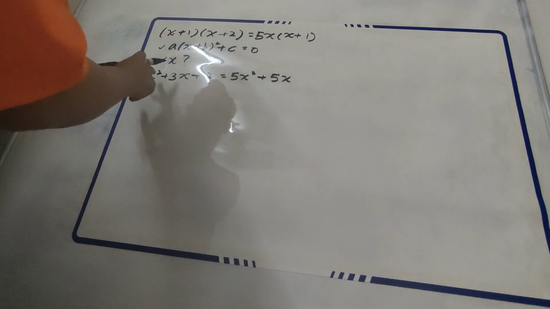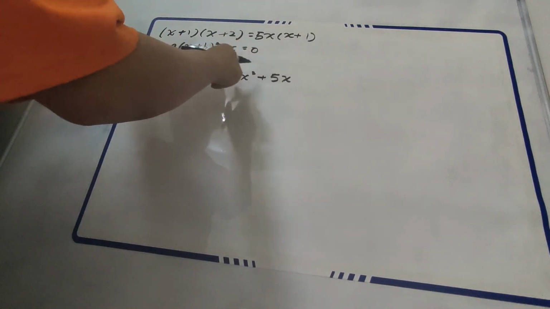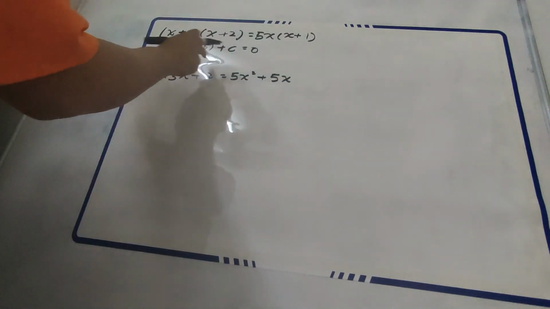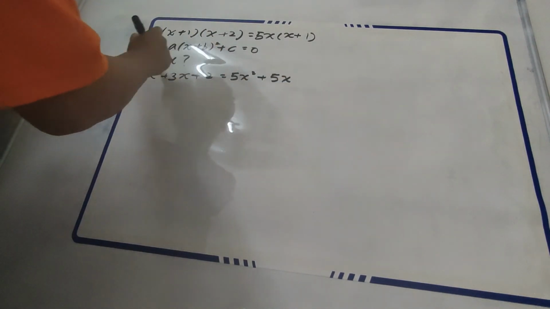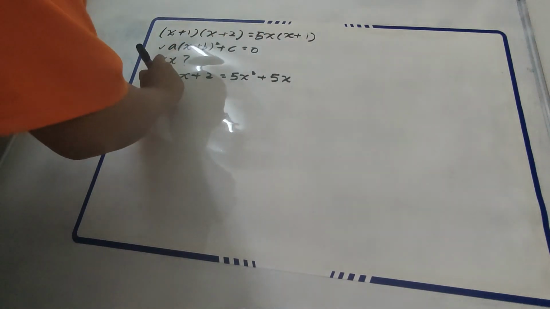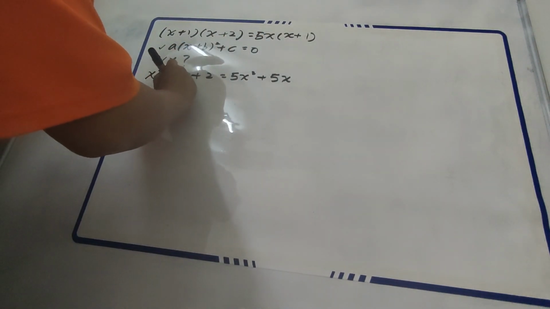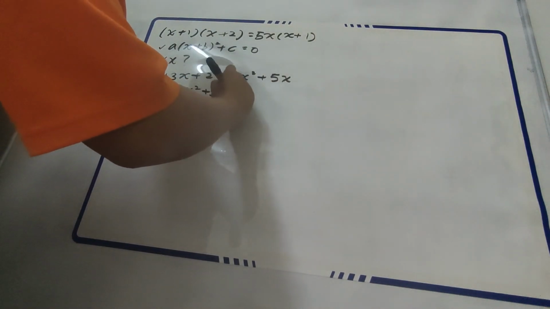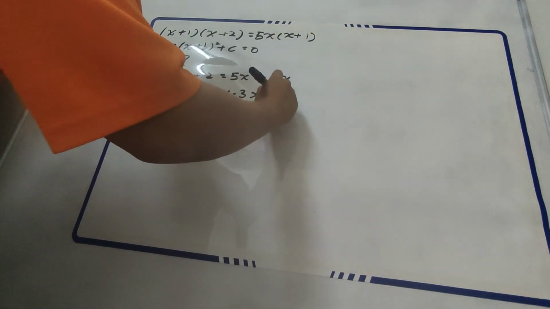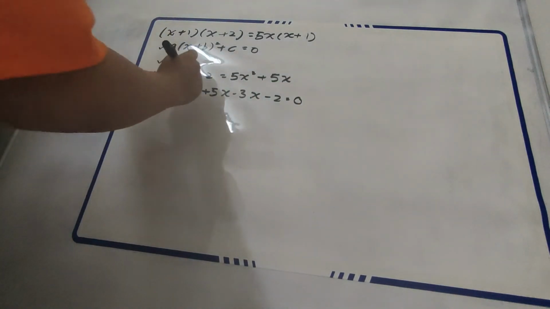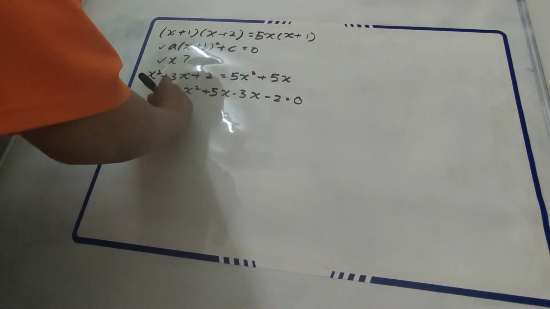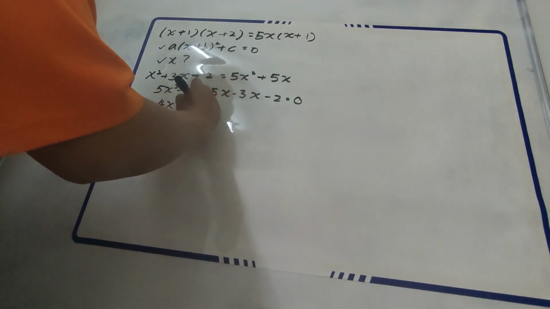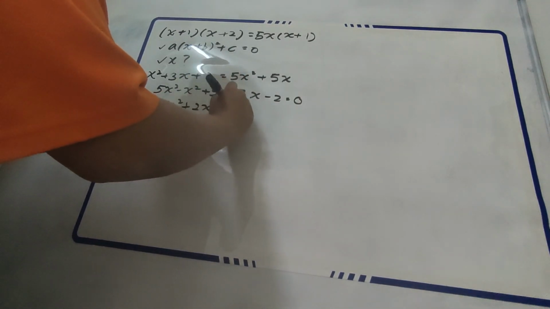For me, I don't like the x squared here to have a negative, so I plan to move the whole left hand side to the right hand side. So 5x squared minus x squared, plus 5x minus 3x, minus 2 equals 0. Simplify it, you have 4x squared plus 2x minus 2 equals 0.